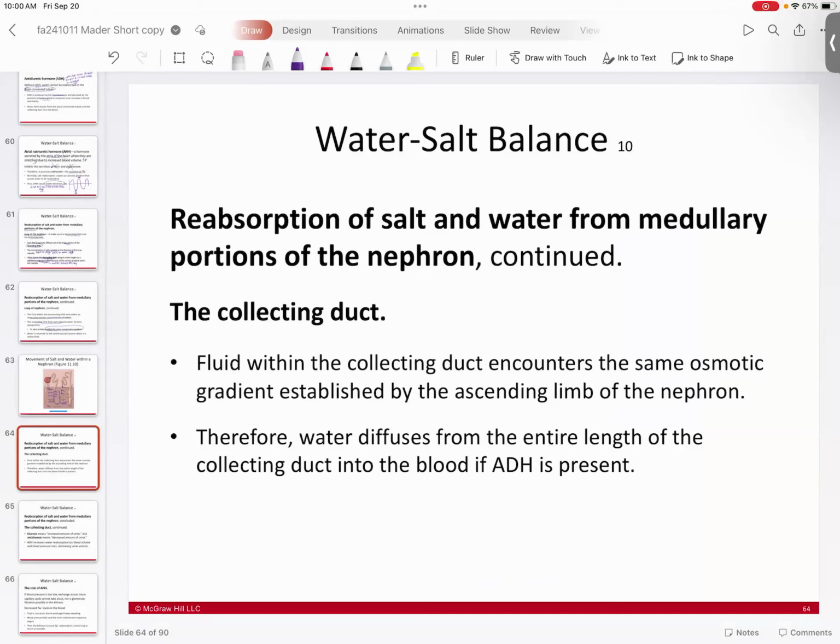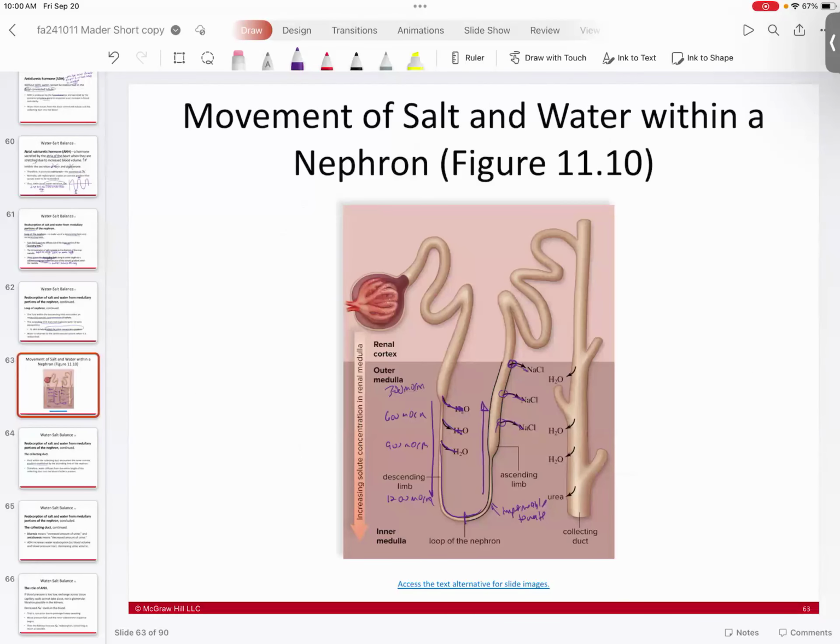So then ultimately, once we get to the collecting duct, the fluid encounters the same osmotic gradient that's established by the ascending loop. So here's your collecting duct over here. This is also feeling the same salt concentration gradient.